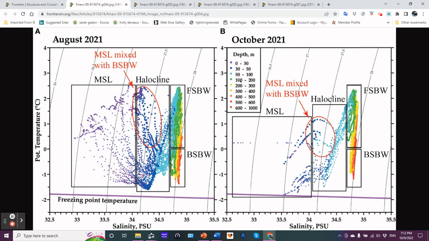The blue dots are in the 30 to 50 meters. And then the light blue, you can then track it yourself. So there's a lot of stuff going on in the upper, basically, 30 to 50 to 100 meters. But we can clearly see the mixing here. We can clearly see the halocline.